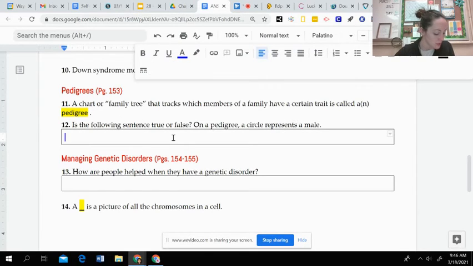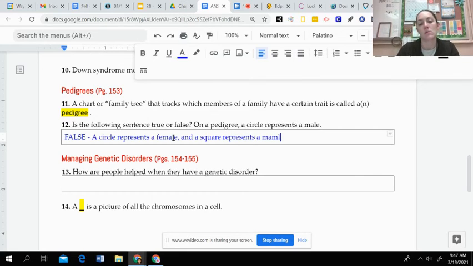So if you looked at that picture diagram on page 153, this is false. A circle represents a female and a square represents a male.